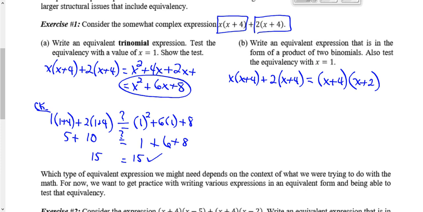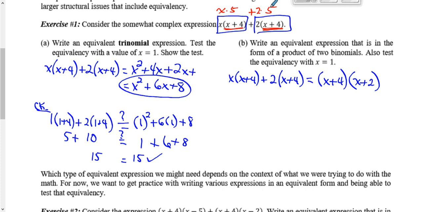Well, it's fair. So look, see that term and that term? The common factor between them is what? X plus 4. It would be just like if I had, let's say, x times 5 plus 2 times 5. What's the common factor there?